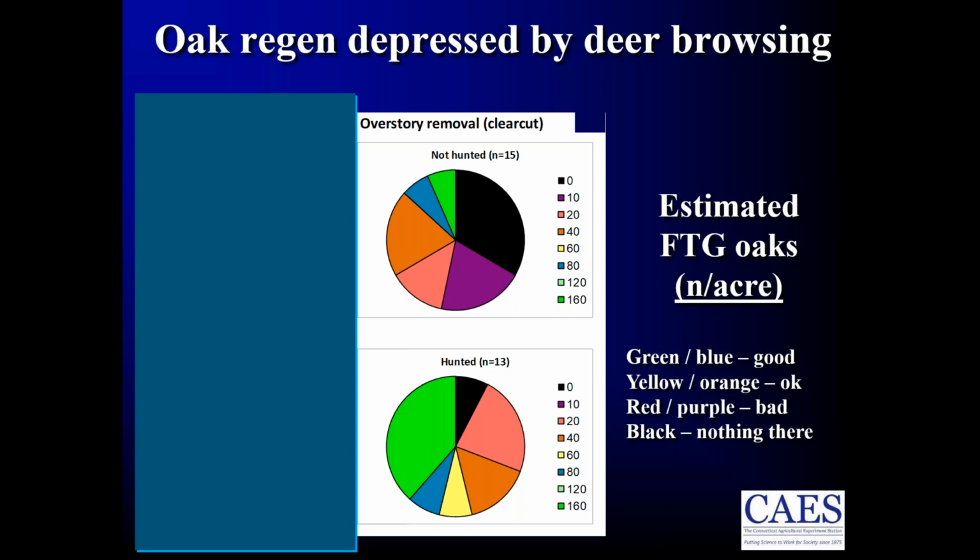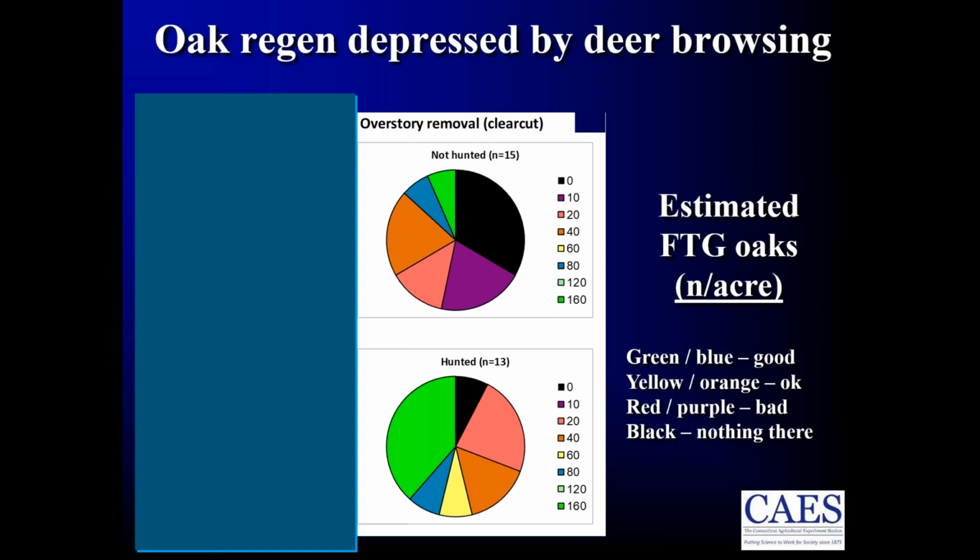So let's look at the top where it says not hunted. The upper left, the 10 and 11 o'clock positions where it's green and blue, those are stands that have 120 to 160 oaks per acre, because that's what we were trying to look at. But let's imagine that our target goal is 60 oaks per acre in a competitive position.